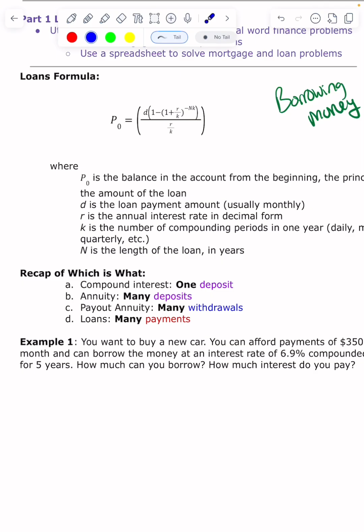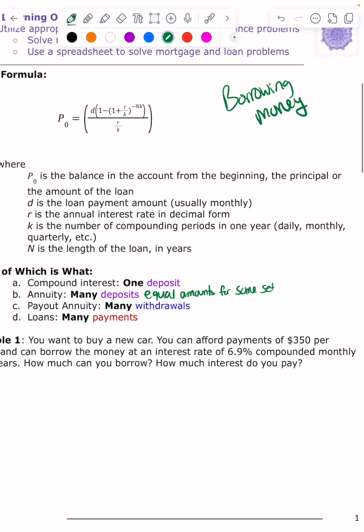Compound interest is one deposit. So you put in a chunk of money and it collects interest, and you don't put any more in. Annuity are many deposits, and they're also equal amounts for some set frequency, like every month.